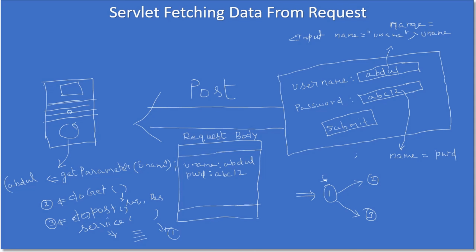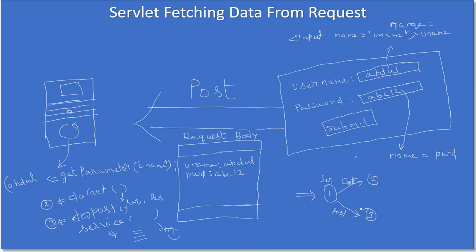So this is the service method. If the method is get, it calls the relevant method doGet, and if the method is post, it calls the doPost method.